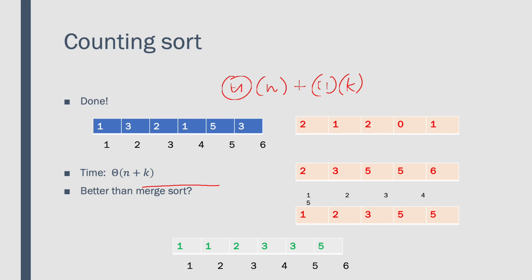So how can we know if it is better than merge sort? For some specific cases, it is ideal, for example sorting integers or categorical data with a limited range.